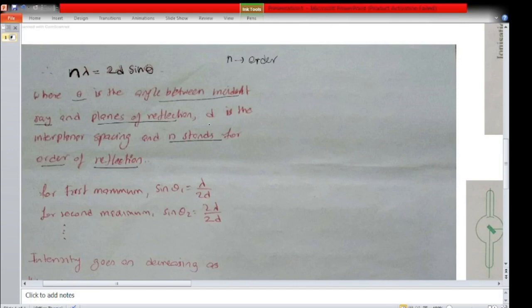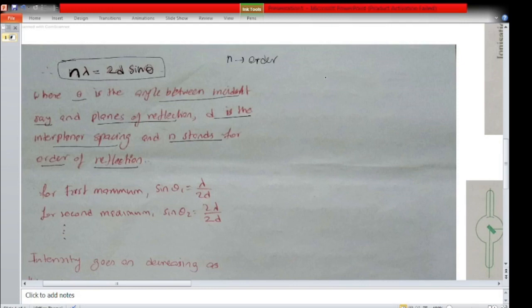And d is the interplanar spacing or interplanar distance. When this condition is satisfied by the incoming X-rays, then we can get that bright spot. Otherwise there will be a different kind of interference, destructive interference, and then the intensity will be less.